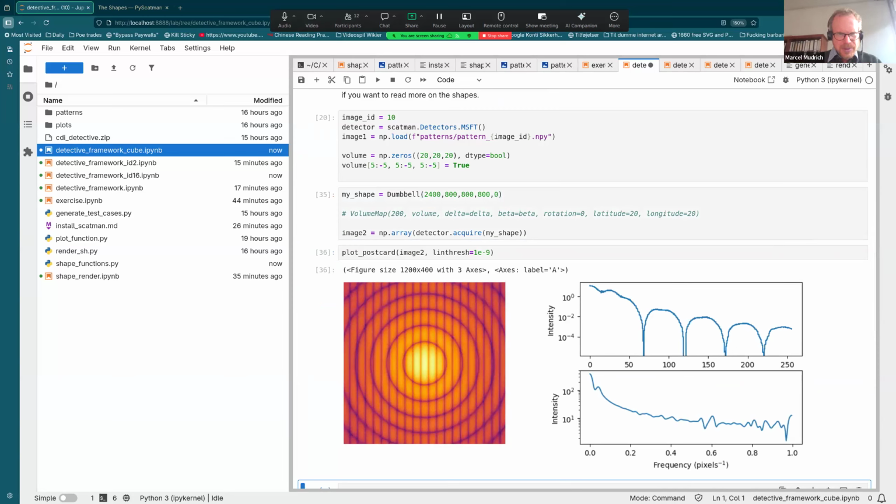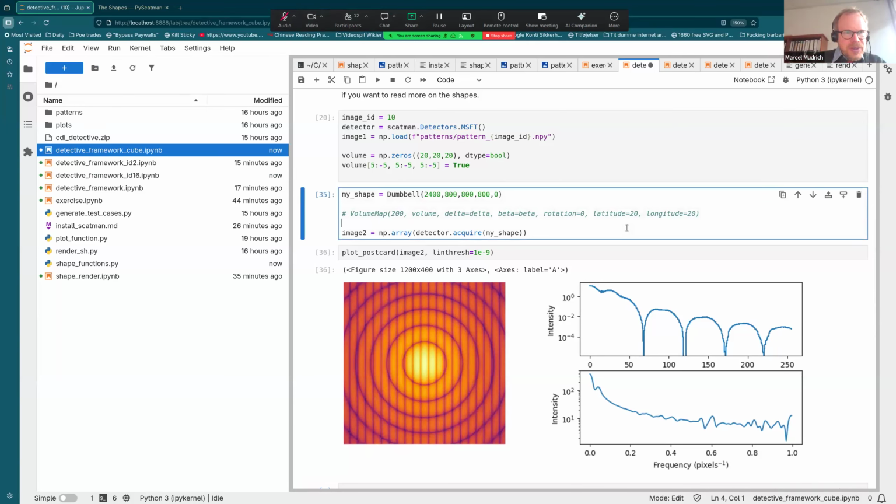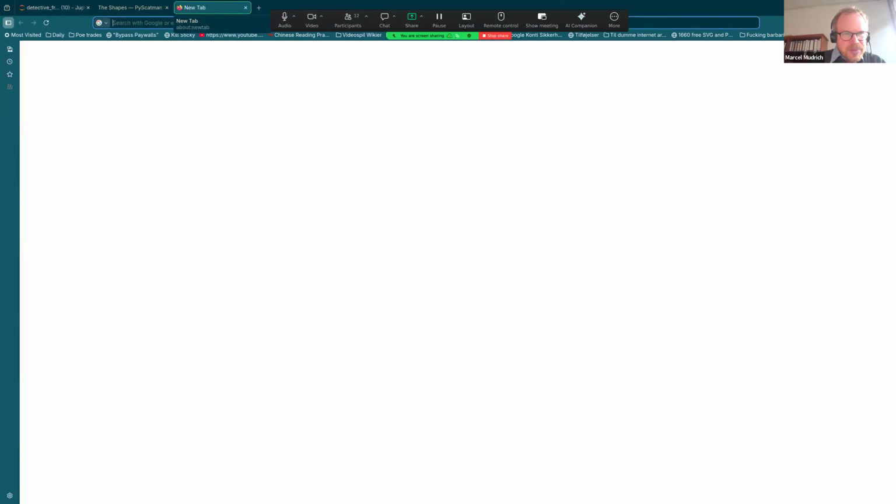That's correct. This looks very similar to what we saw in the diffraction images of just two circular apertures, like what you find in this animation on Wikipedia, or two circles separated by some distance.